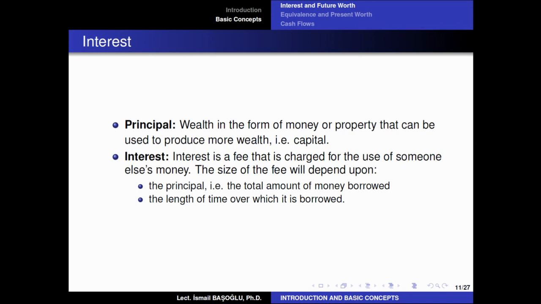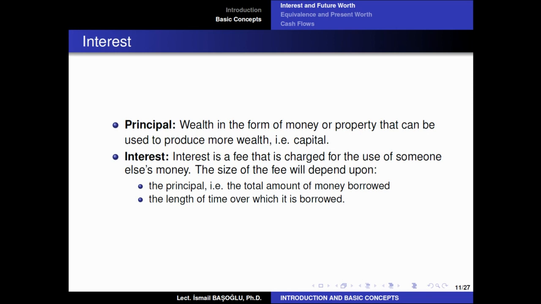For example, if I use your house to live in, you are asking for rent, right? You have a house, and if I want to live in that house for a certain amount of time, you are going to ask me for some rental amount, and also when I move out, you are going to take the house back. So basically that rental amount is the interest.